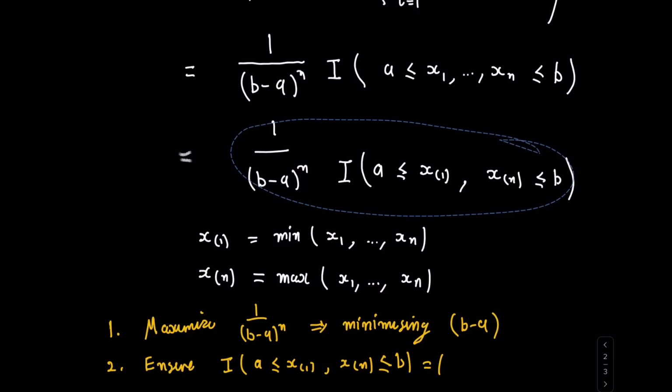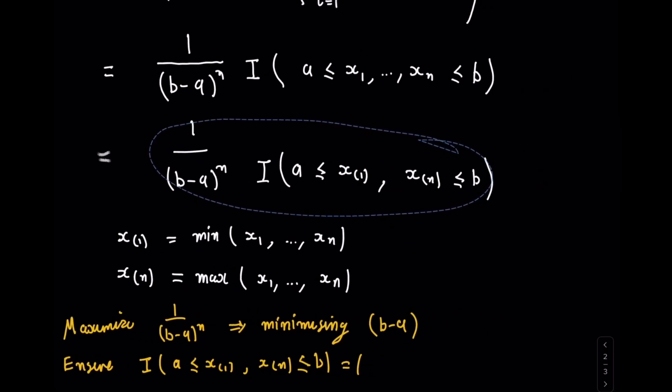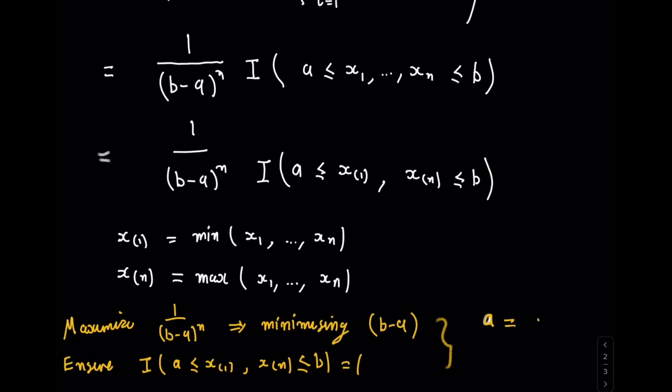Now, the way we would do this is sort of intuitive, because you put these two statements together, and what you arrive at is the notion that the maximum likelihood estimate, and let me do it in a different pen, A has to be equal to the lowest number, and your value of B has to be equal to the highest number in your sample.